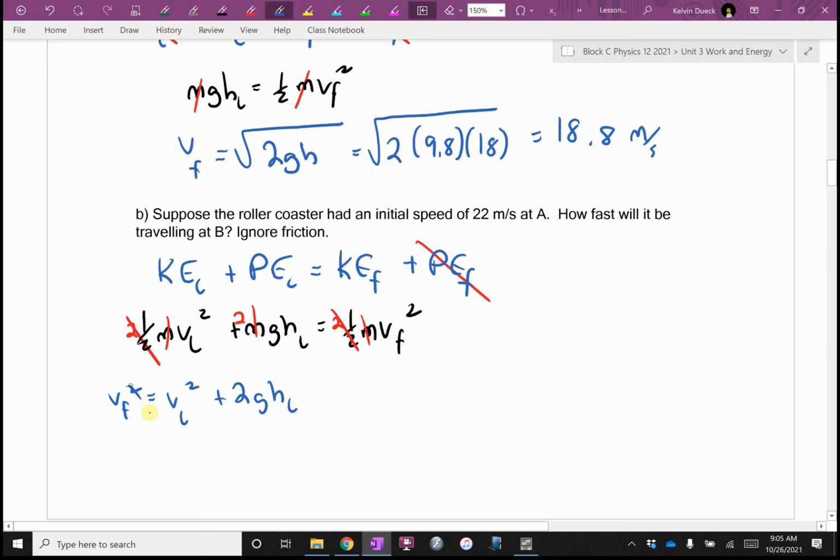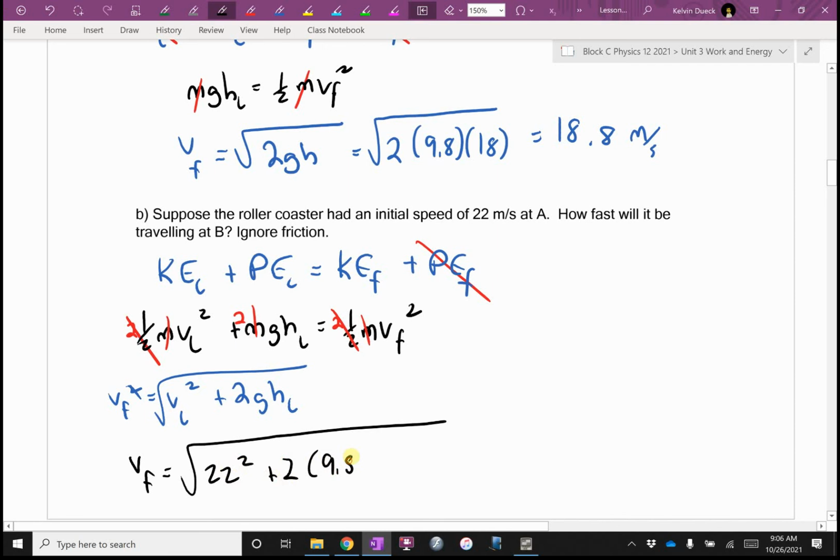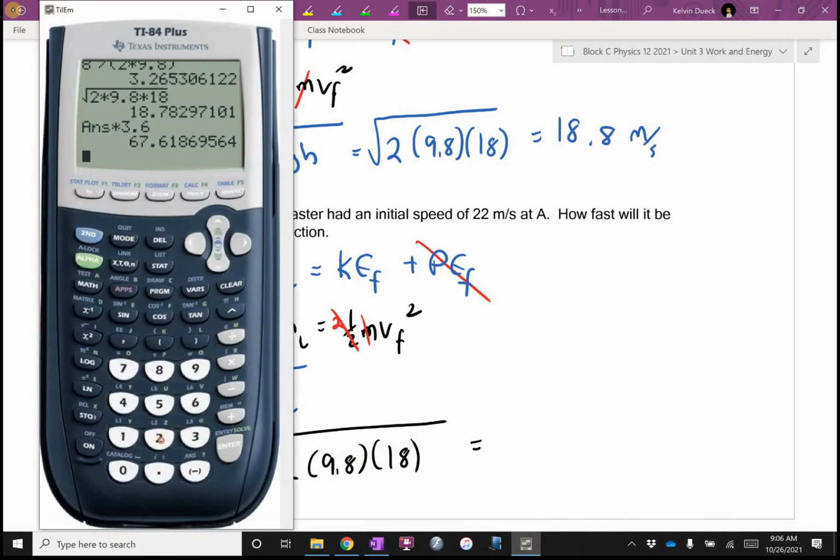Square root. Going to be the square root of 22 squared plus 2 times 9.8 times 18. 22 squared plus 2 times 9.8 times 18, square root, answer button.